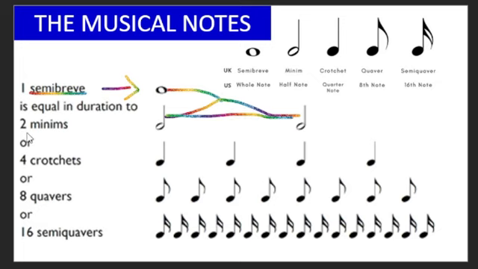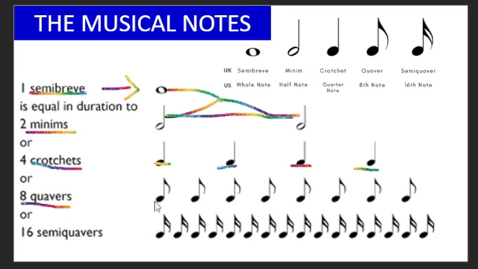Then we have the crotchet. 2 crotchets make 1 minim. Another crotchet and another crotchet will make another minim. So 2 minims have 4 crotchets. Then you have quavers.